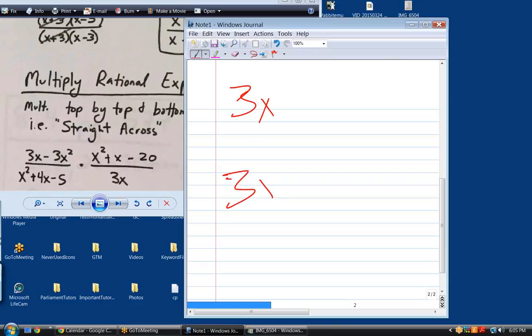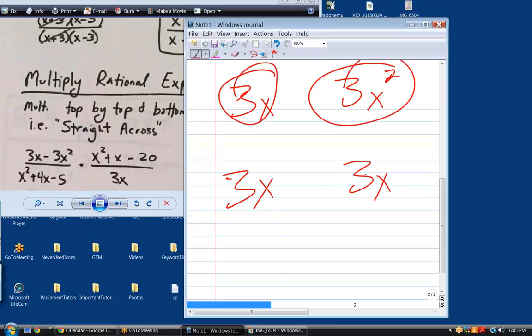What's the largest thing that divides into 3x squared? It's 3x squared, but we want the largest thing that divides into both. Which means it's 3x only.